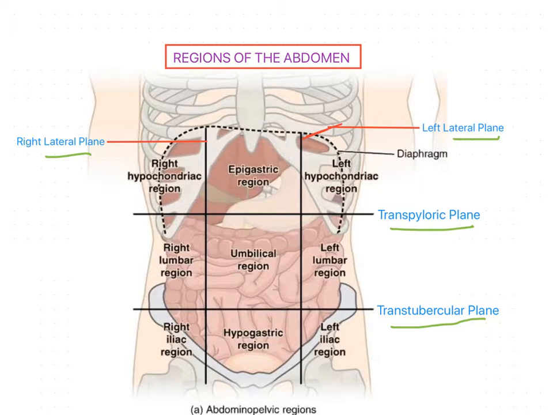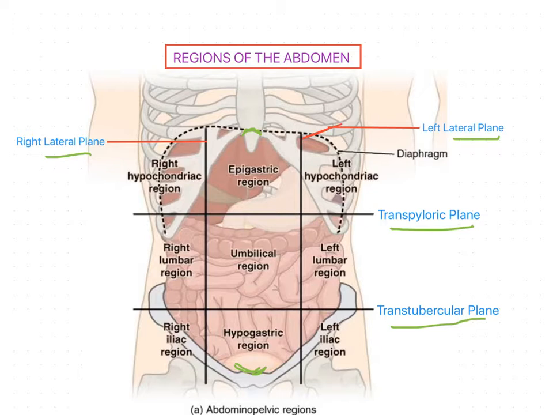First we will consider the horizontal planes. The first one is the trans-pyloric plane, also called the trans-pyloric plane of Addison. This plane passes midway between the suprasternal notch and the pubic symphysis.